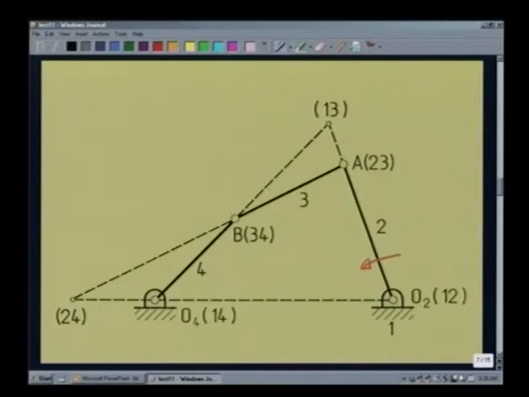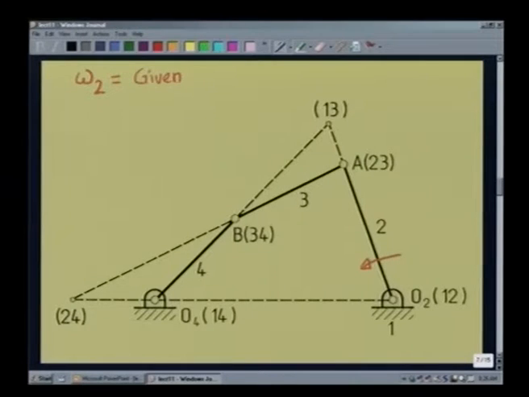That means, the problem is: input angular velocity omega 2 given, and our task is to determine the angular velocity of the other 2 moving links, say link number 3, that is the line AB, and link number 4, that is the line O4B. So, at this particular configuration, if omega 2 is given, what is omega 3 and what is omega 4.